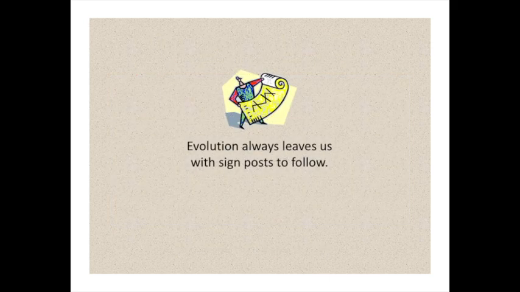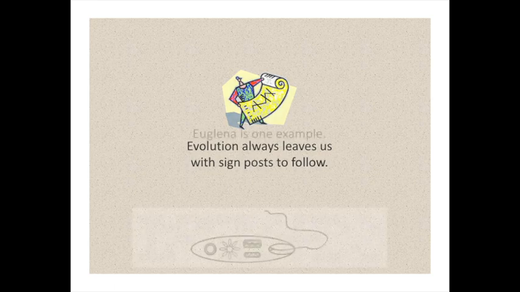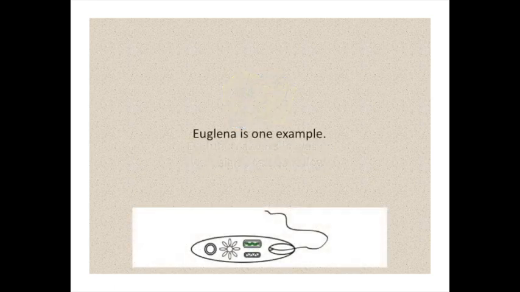Evolution always leaves us with signposts to follow. Euglena is one example. Euglena is a single-celled organism that is sort of a missing link between plants and animals. It has a chloroplast.